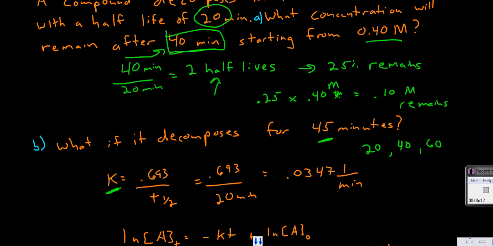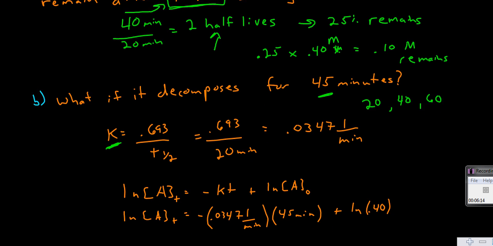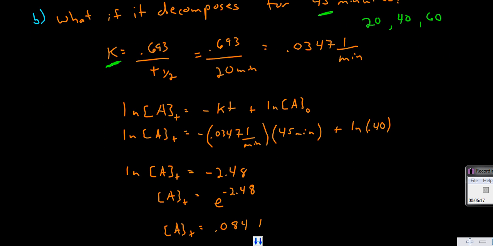Now, with your rate constant, knowing the amount of time that the reaction proceeds and the concentration that you began with, you can solve for the concentration that will remain.